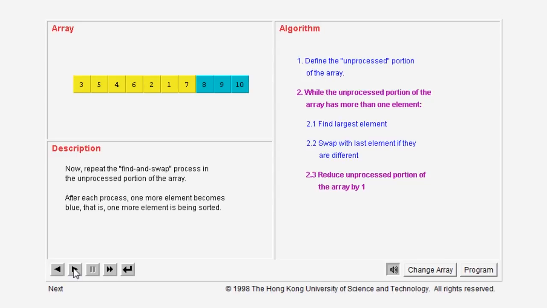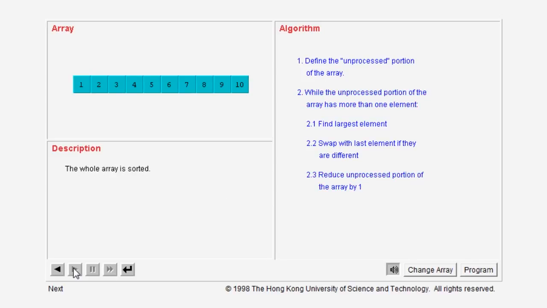That is, one more element is being sorted. The whole array is sorted.